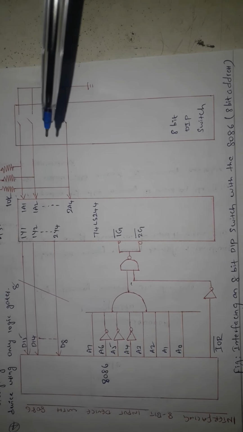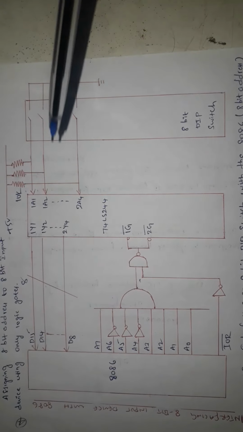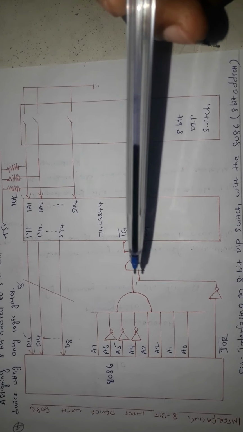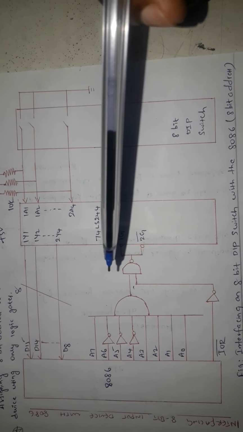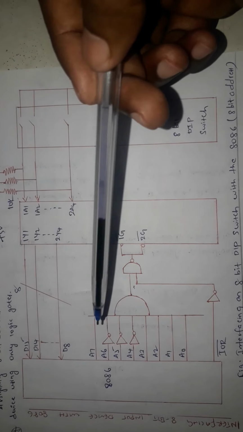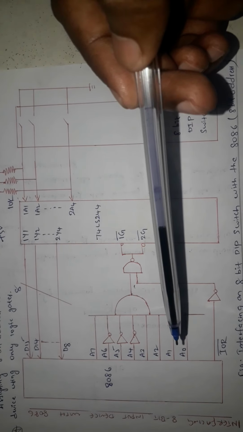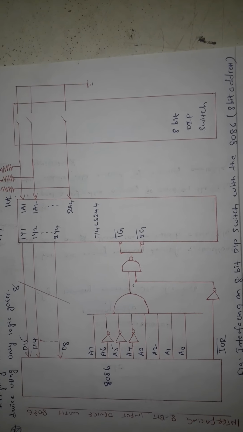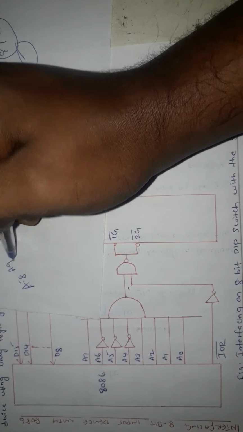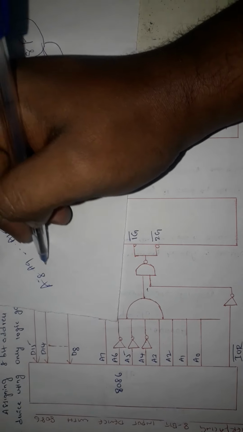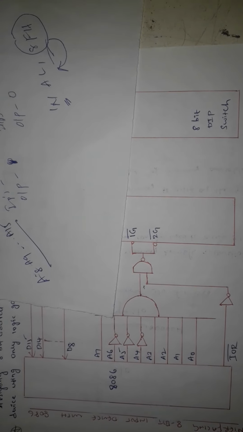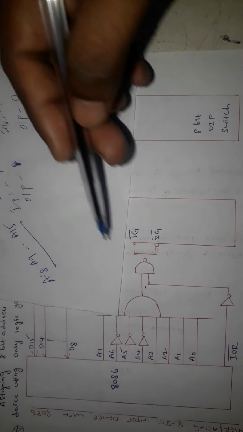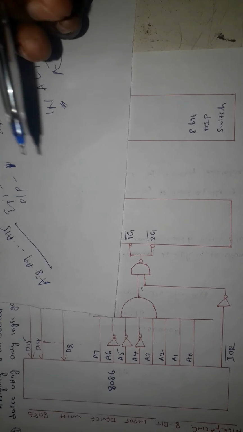You can even assign a 16-bit address. We have seen this example with the help of an 8-bit address, but you can do the same with a 16-bit address. For that you need to consider 8 more address pins. Here we have taken only the address pins A0 to A7, so we need 8 more address pins, A8, A9 and so on up to A15, to provide the 16-bit address.